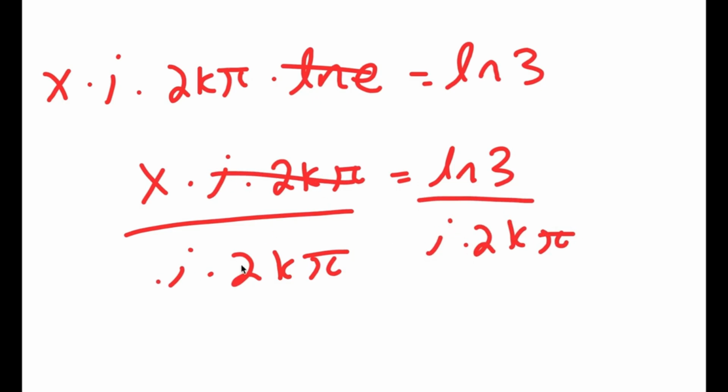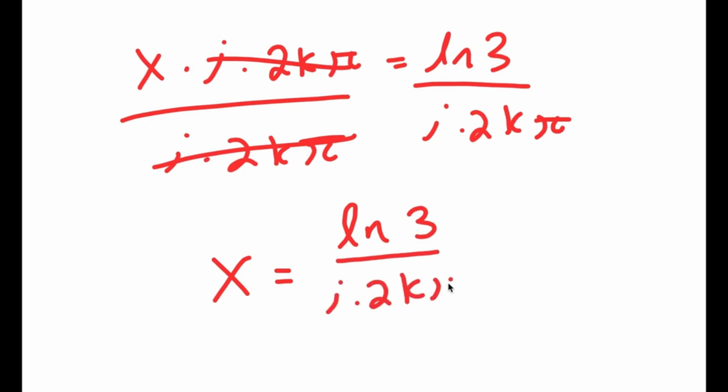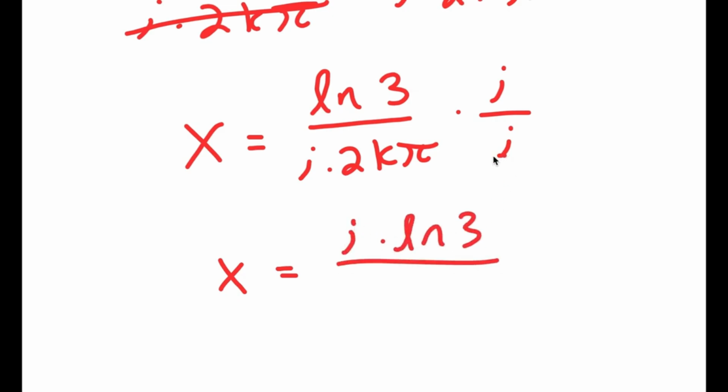So when these cancel out, I get x is equal to ln 3 over i times 2k pi. Now I'm going to multiply this by i over i, which is the same thing as 1. So I get x is equal to i times ln 3 over i squared times 2k pi, and if you already know, i squared is equal to negative 1, so over negative 2k pi.